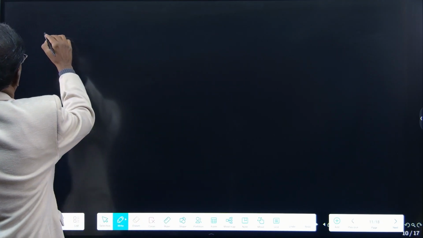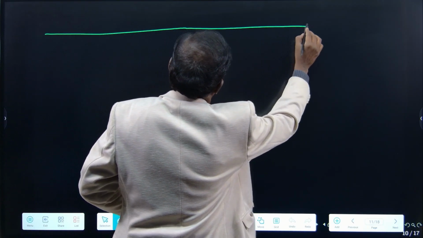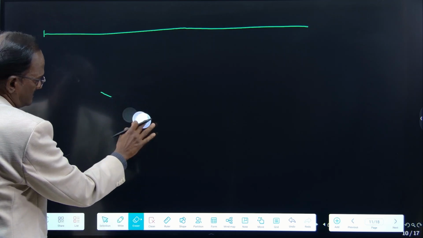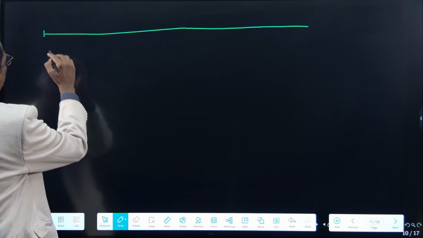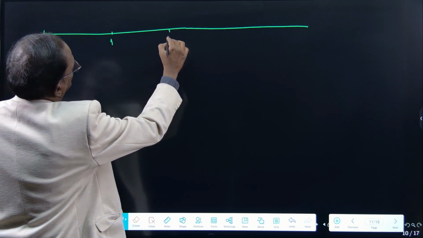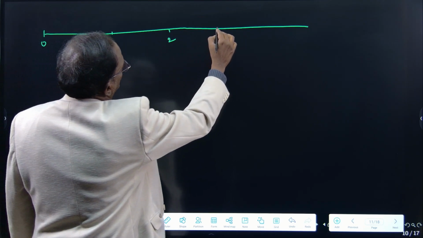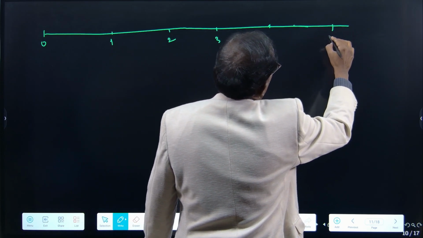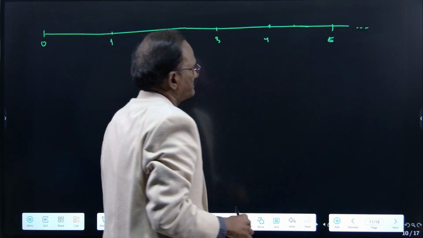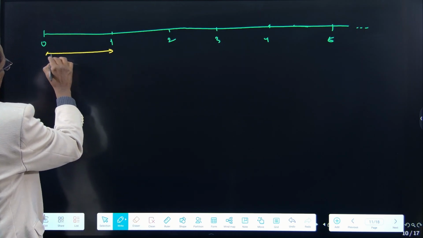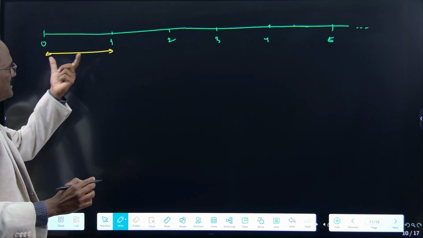Let me draw once again the line. At t is equal to 0, then t is equal to 1, t is equal to 2, t is equal to 3, 4, 5, it is going this way. So this is the distance traveled in the first interval, first second.